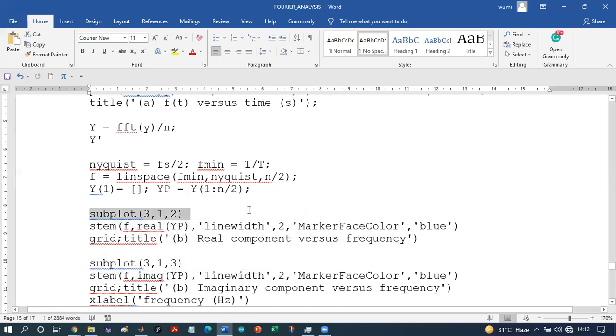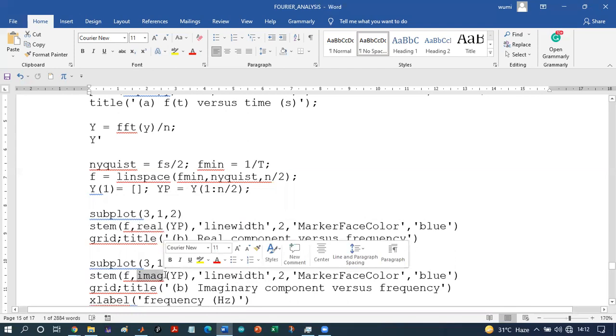So this line of code here and this line of code, they are the same thing. It's just that here you are plotting the real part of the FFT. Then this is the code to plot the imaginary part of the FFT.